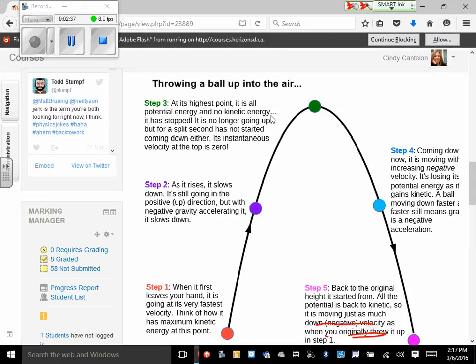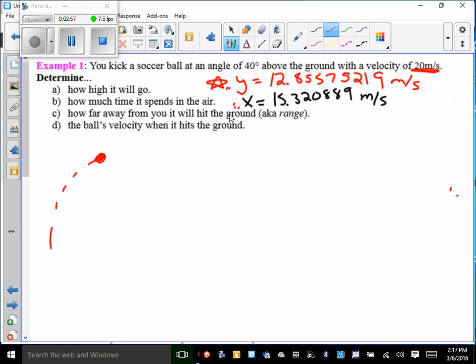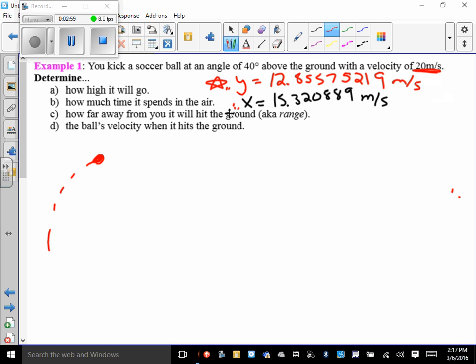We saw that when we looked at gravity. At its highest point, it has stopped. Its instantaneous velocity is 0. So we're only going to calculate how long it takes to get halfway up, and then multiply by 2, because it takes just as long to get up as it does to get back down.